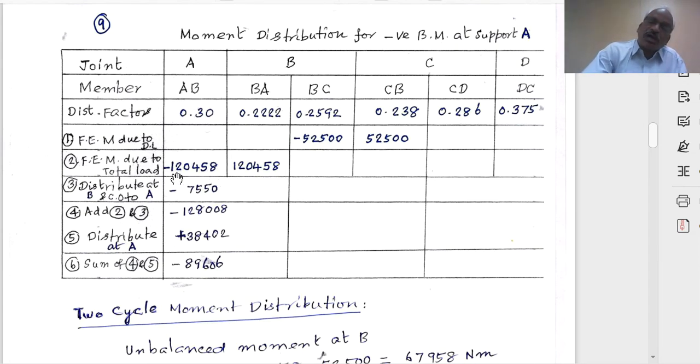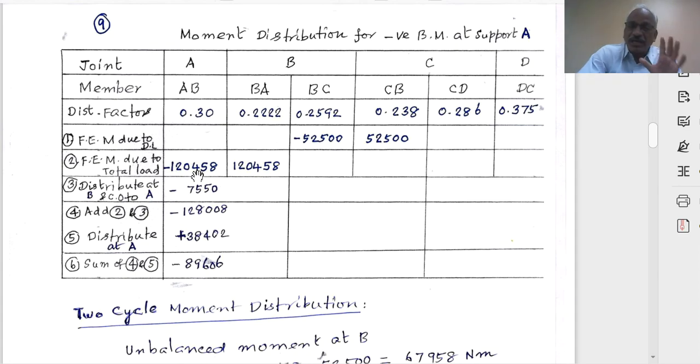Of course, there is no moment in column AA1 or column AA2, as we know. So that will not be a problem. Minus 120,458 is the only moment in member AB. There is no moment in AA1 or AA2. This is the only moment.